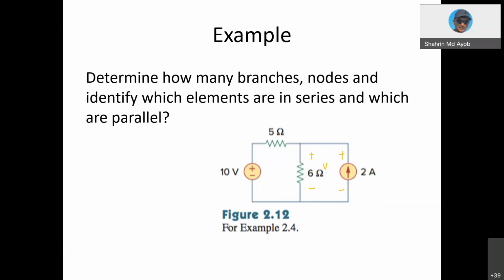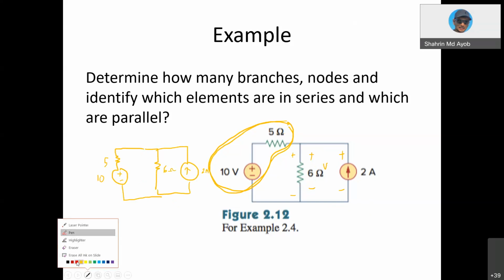And also, you can say that these 2 elements are also parallel with the 6 ohm and 2 ampere. If I redraw and rearrange this, as you can see right now, this one is 6 ohm, this one is 2 amps. The voltage across this is the same as the voltage across the 5 ohm and 10 volt.